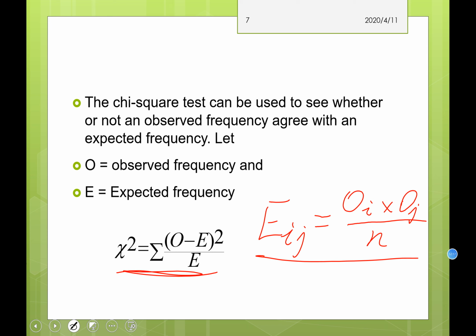So here, when chi-square is too large, we need to reject H0.